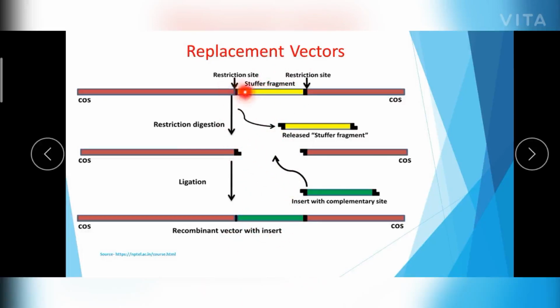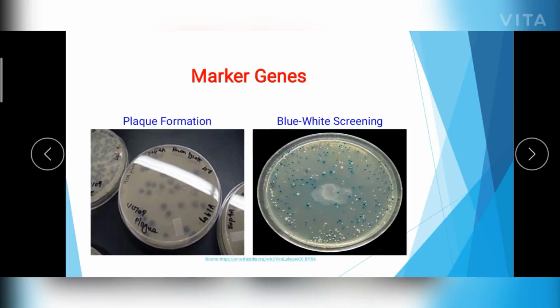On either side of this stuffer fragment, you will have two restriction sites, so that by means of restriction enzyme digestion you will remove the stuffer fragment and replace it with our foreign gene.